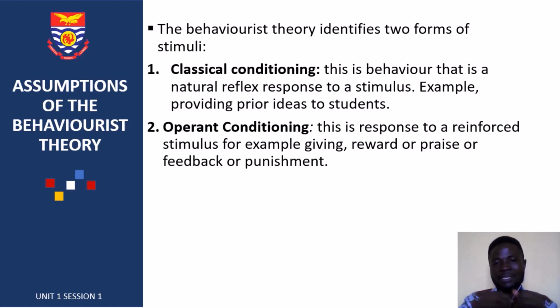A typical example is providing a prior idea to students. The operant conditioning has got to do with response to reinforced stimulus. For example, you, the teacher, giving reward or punishment to cause learning to take place.